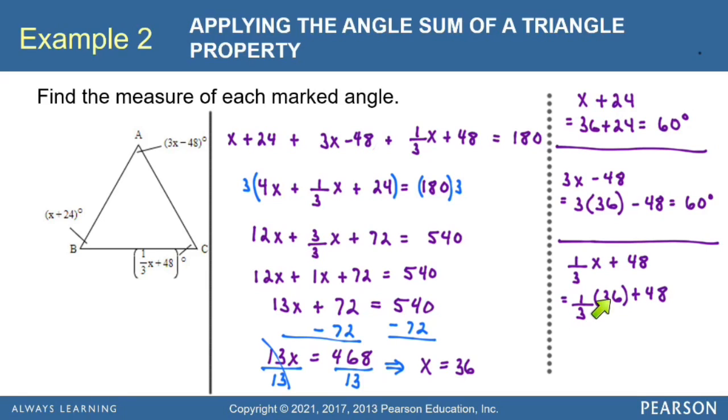So 1 times 36 is 36, and then that number divided by 3 is 12. So what we've got here is 12 plus 48, which also adds up to 60. And of course, these three numbers do add up to 180 degrees, so that is kind of a double check for us to be sure that we didn't make a careless error somewhere along the way.